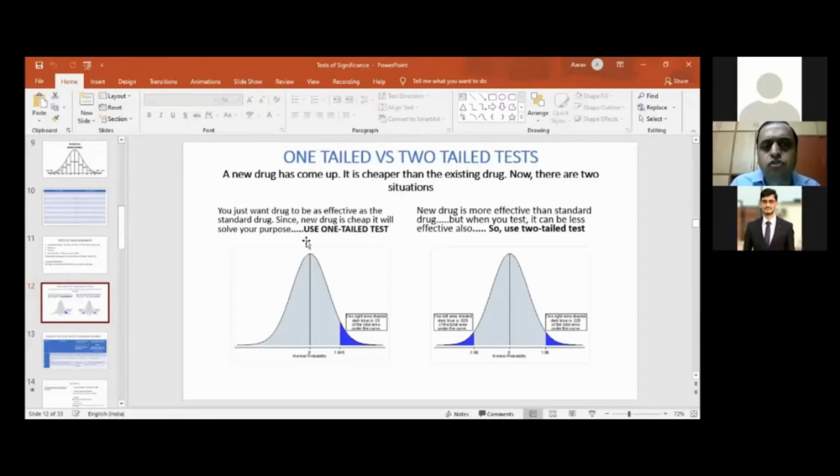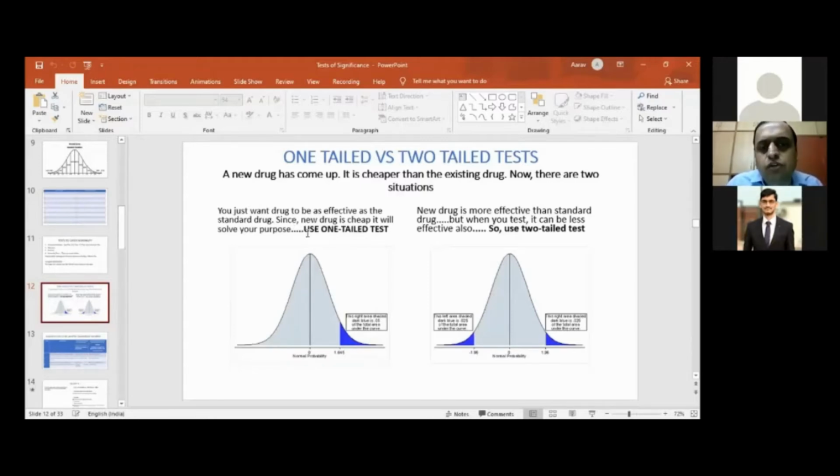So he just wants to show that his drug is as effective as the standard drug. He does not want to prove that his drug is superior to the already existing drug. He is not bothered, because even if he shows that the drug is equally effective, his job is done because his drug is cheaper, so it will be purchased more.